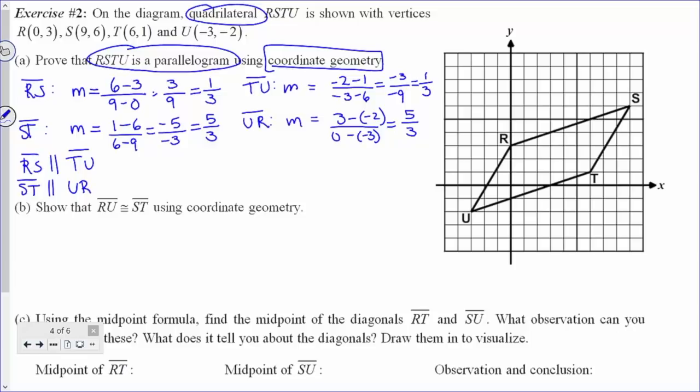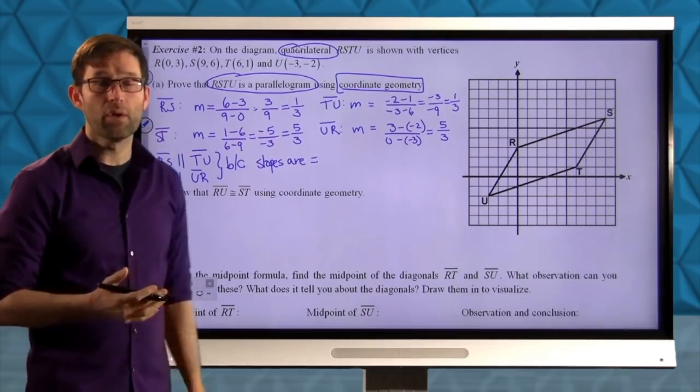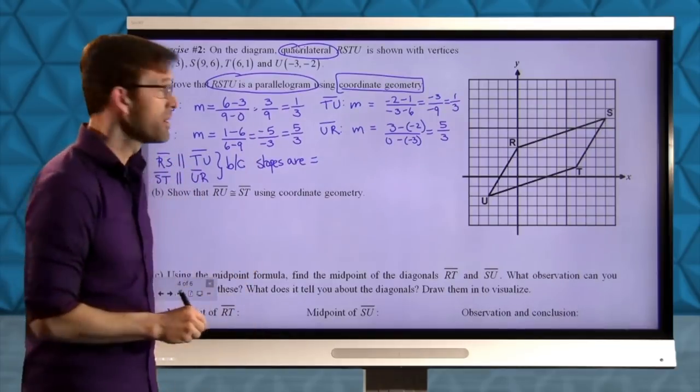Now those are kind of like statements. My reason is because slopes are equal, all right, and I have one last little piece, which is kind of that concluding statement.